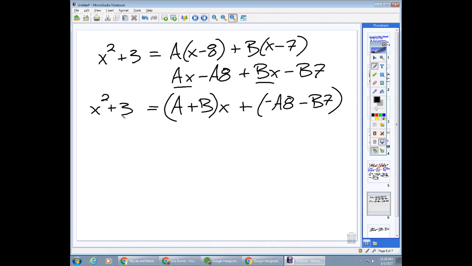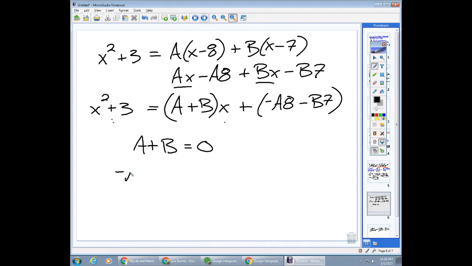So is there an x term on the left side? There's an x squared term on the left side, but not an x. Right? There's no linear power of x on the other side. So that means the a plus b has to add up to 0.